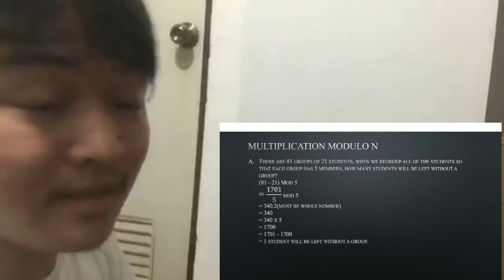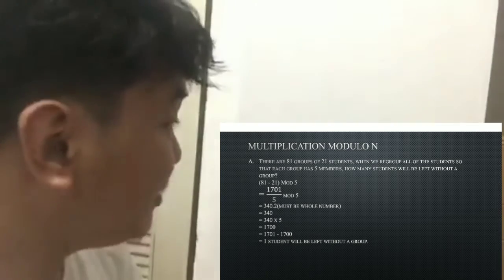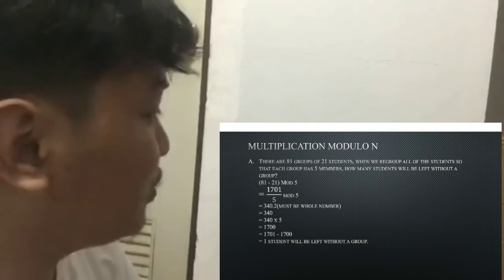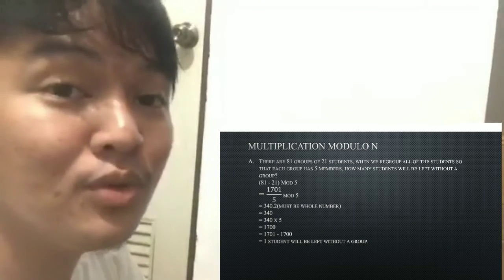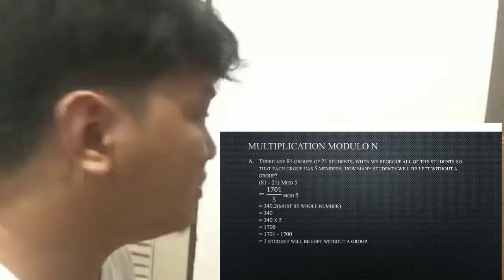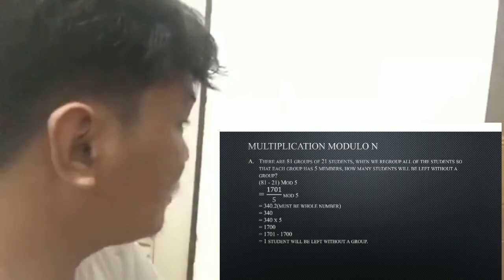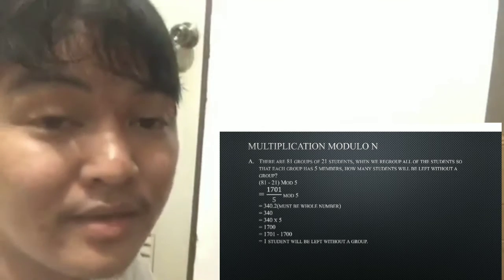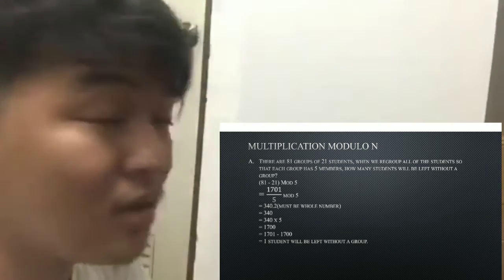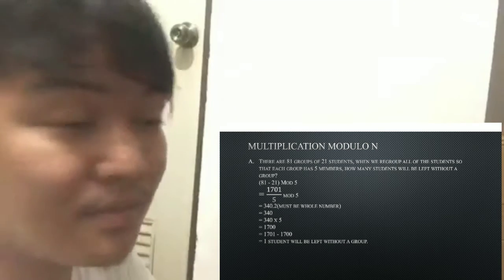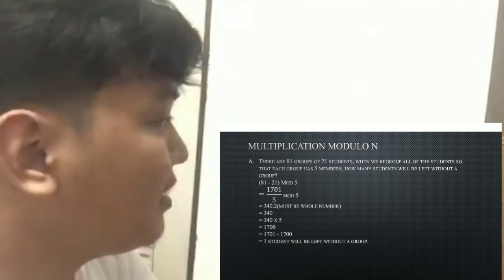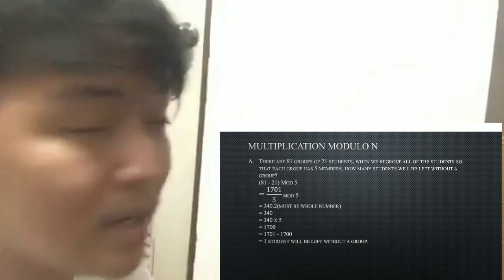So 81 multiplied by 21 is equal to 1,701, divided by the mode 5, and we'll get 340.2. We'll only use the whole number, so 340. So 340 multiplied by 5 is equal to 1,700. Then 1,701 minus 1,700 is 1, and that is the number of students who don't have a group, and that is the answer.